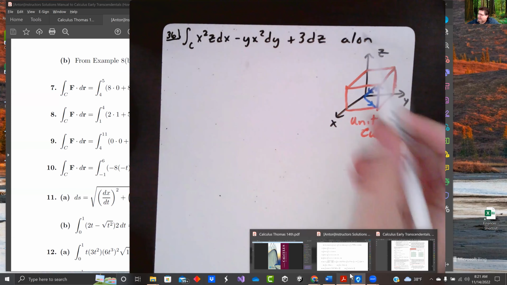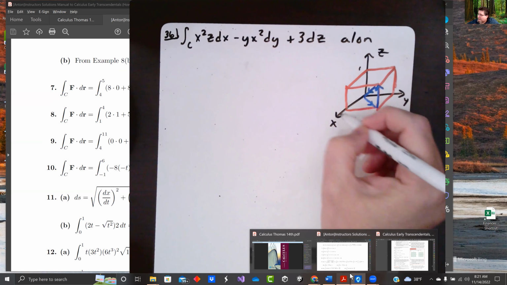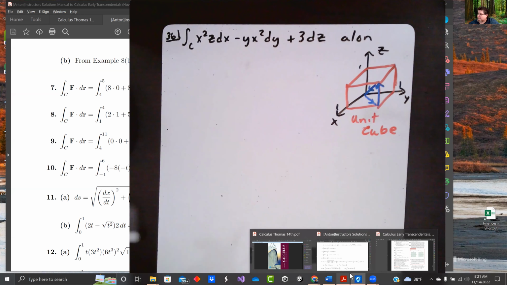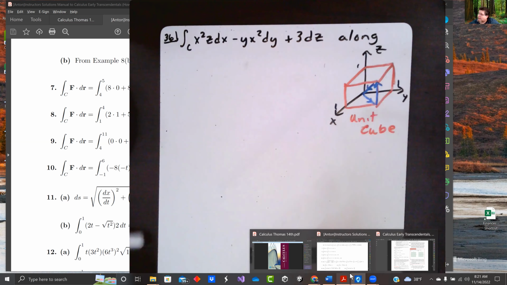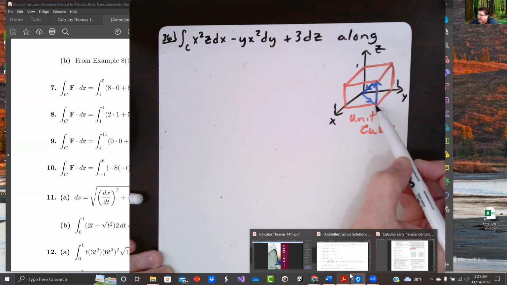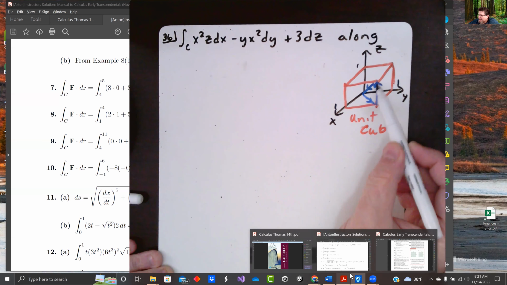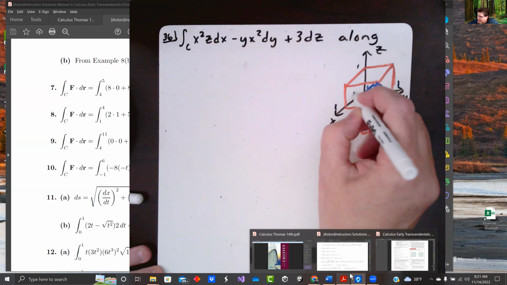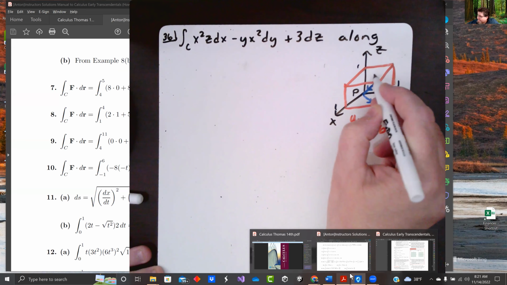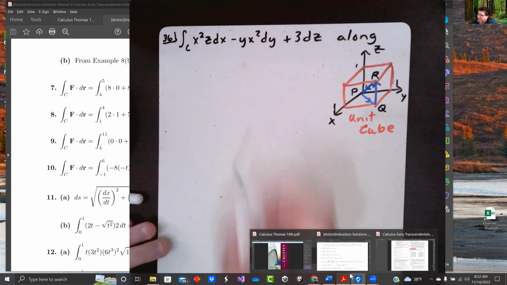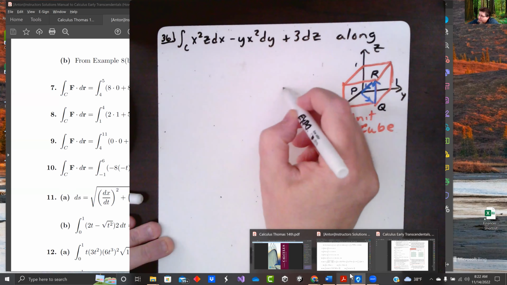So it hits Z at 1, it hits X at 1, it hits Y at 1. And the path along is starting at the origin. It's coming out to this point right here. It's going up to this point right here, and it's going back to the origin. So maybe I'll call this P, Q, and R. And I might even write it sideways, viewing it as a triangle.